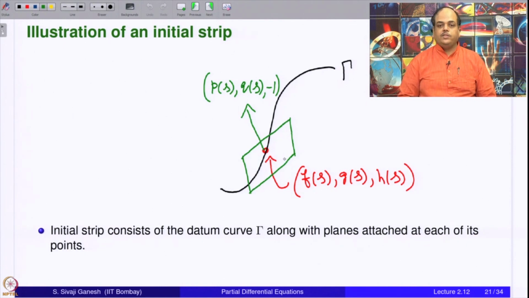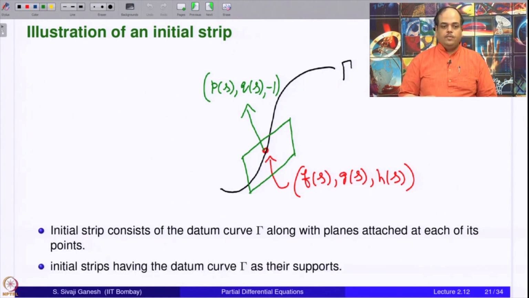That is what the implicit function theorem said. In any case, our theorem is going to be local. We are always going to fix some point and assert that near this point P0 on the datum curve gamma, there is an integral surface which contains a piece of gamma. Therefore, this is absolutely fine, and initial strips have the datum curve as the support, if you can find them throughout all the points.